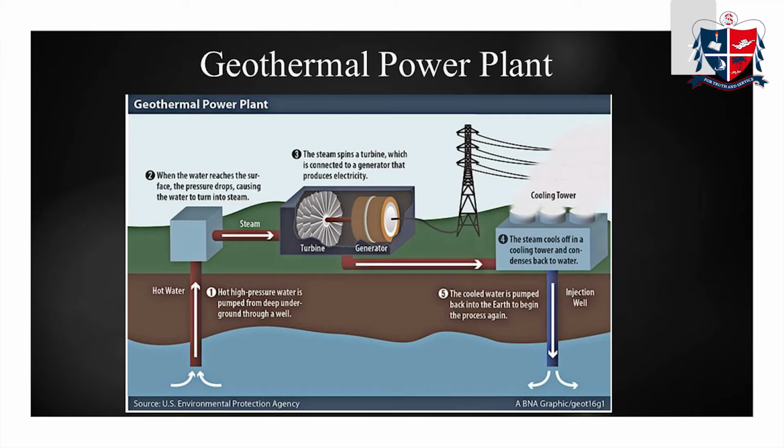And the exhaust steam from the turbine is condensed, cooled, and then converted into water again, and this water is re-injected into the interior of the Earth through a re-injection well. This is how a geothermal power plant works.